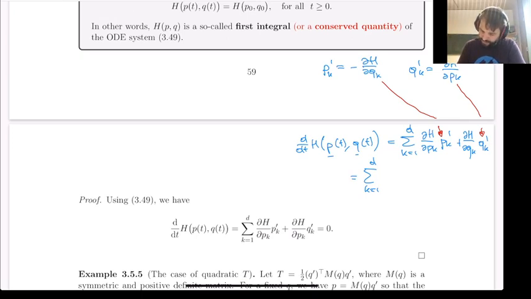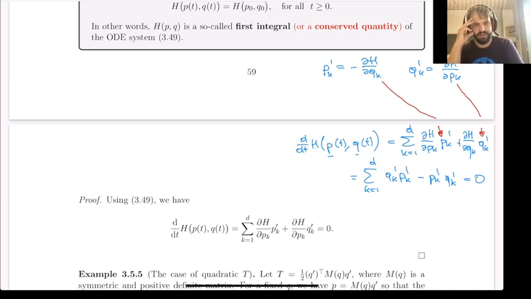So we get qk dashed pk dashed minus pk dashed qk dashed. And so they all cancel, and this is 0. Does that answer it? But how do we get the pk and qk when we take the derivative regarding t from p and q?